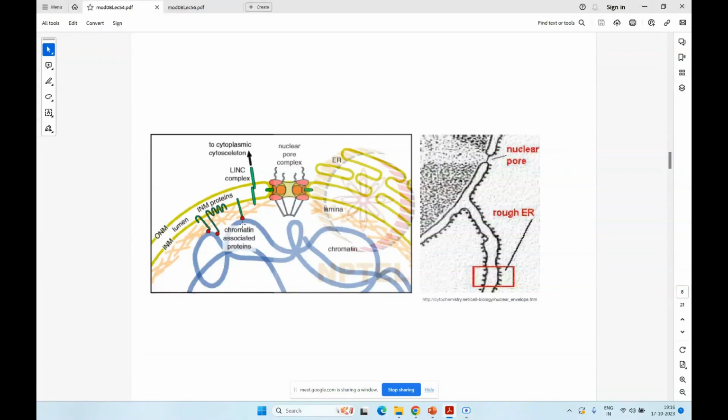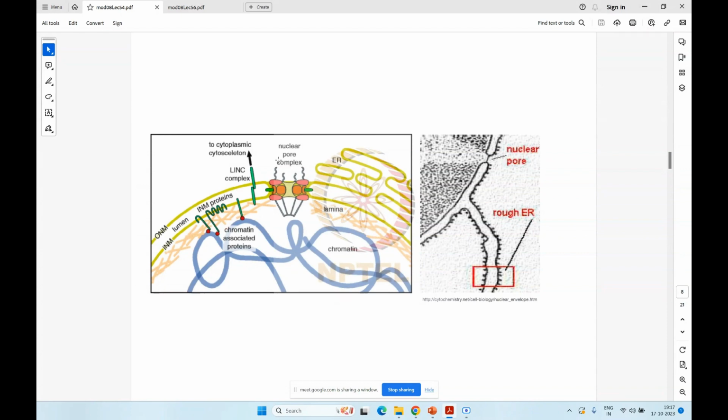The link complex, however, is something that links the cytoskeleton that is present inside the nuclear membrane to the cytoskeleton that is present outside of the nuclear membrane. The cytoskeleton present outside is the actin cytoskeleton or the microtubule cytoskeleton, right?